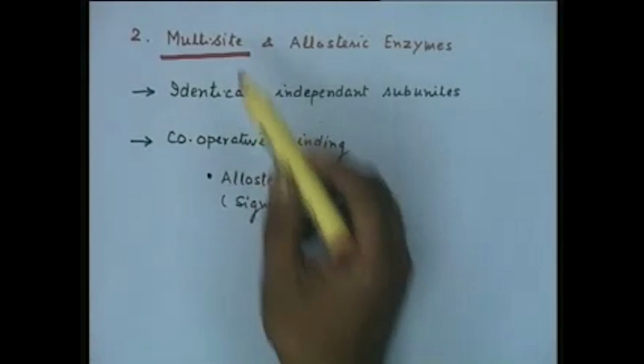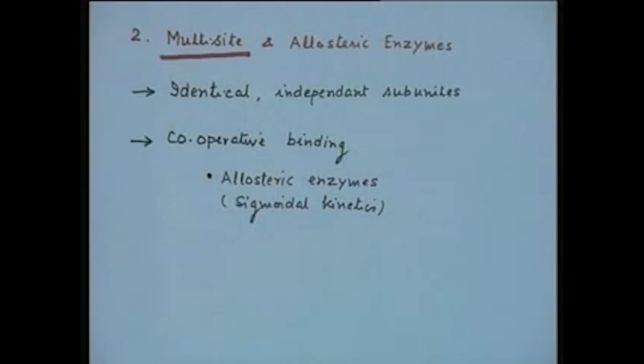These multi-site enzymes are oligomeric in nature, consisting of more than one subunit, and these subunits might be identical. Each subunit may have an active site for the enzyme catalyzed reaction, giving multiple active sites per enzyme molecule.